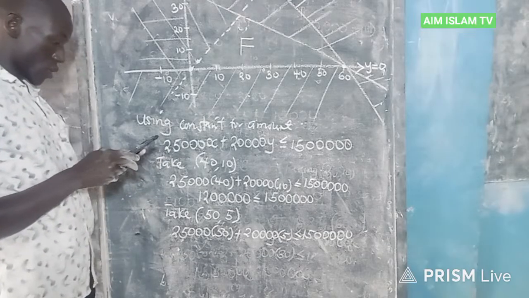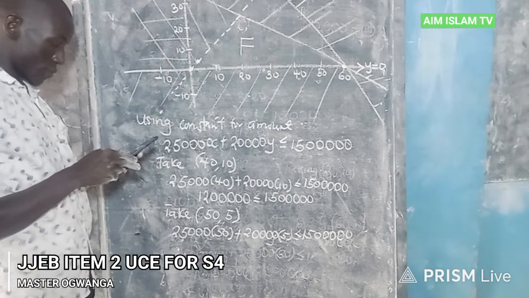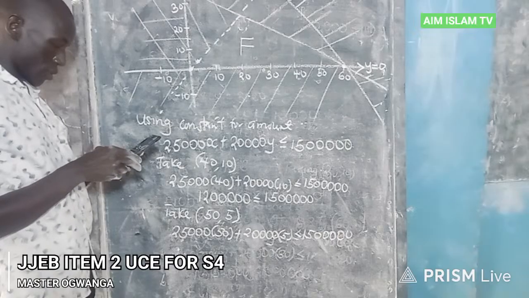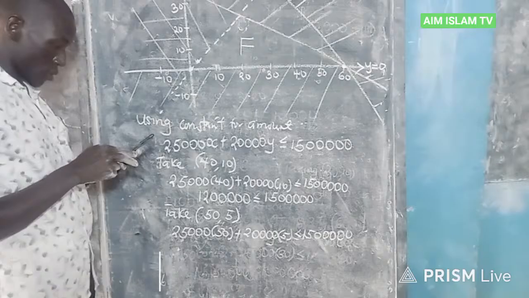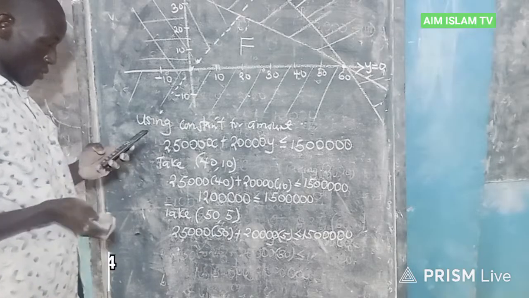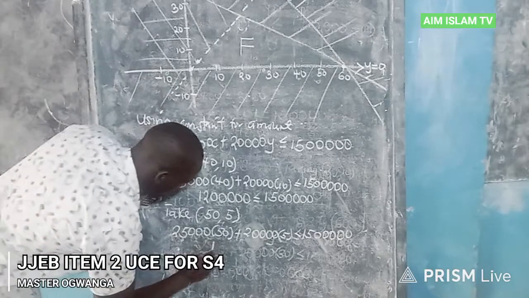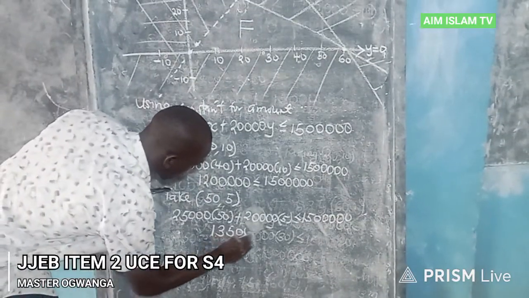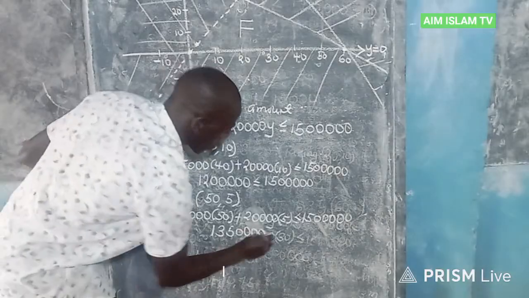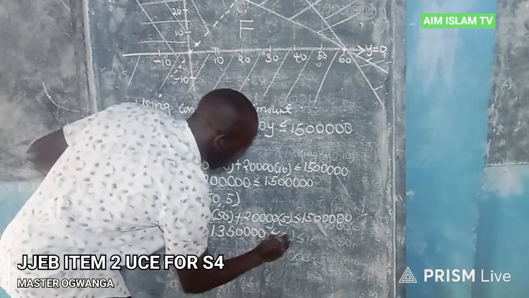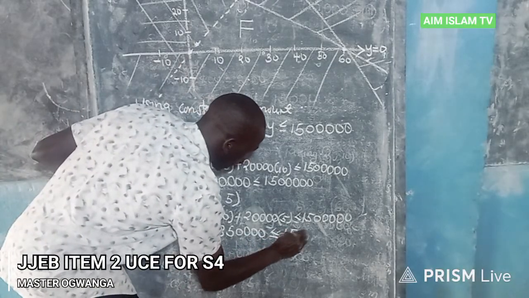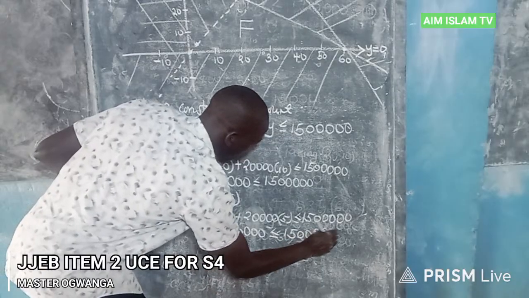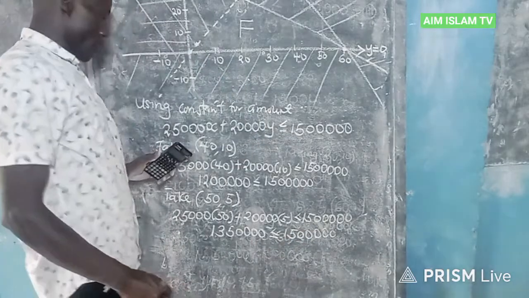So we are also solving for the other point. This is 1,350,000, which is less than or equals to 1,500,000.